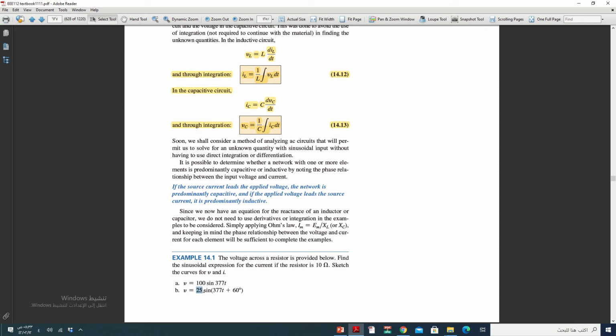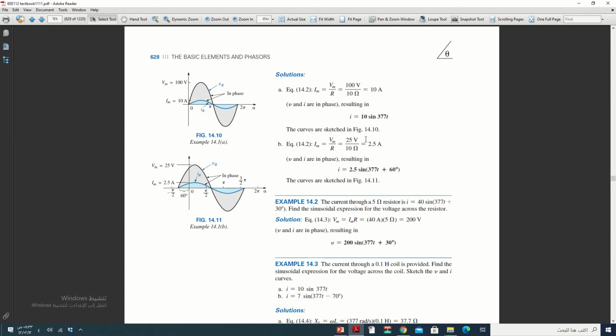We divide 25 by 10, and it becomes 2.5 ampere. There is no shift here because the resistor is in phase, so it is written similarly: 2.5 sine of 377 t plus 60. You can try the other example, 14.2.